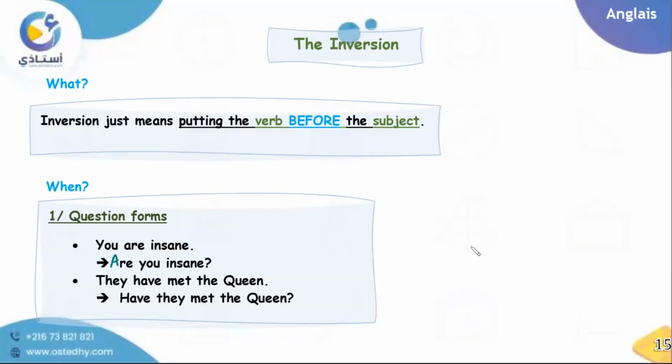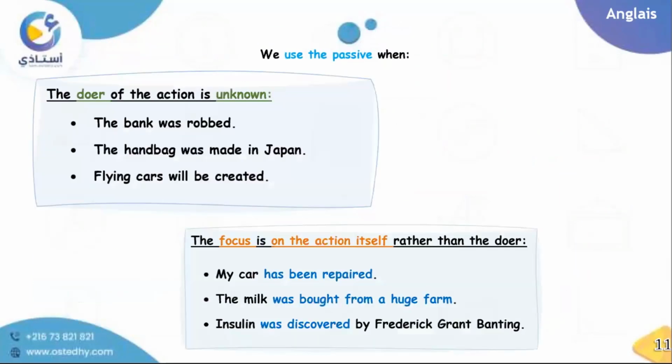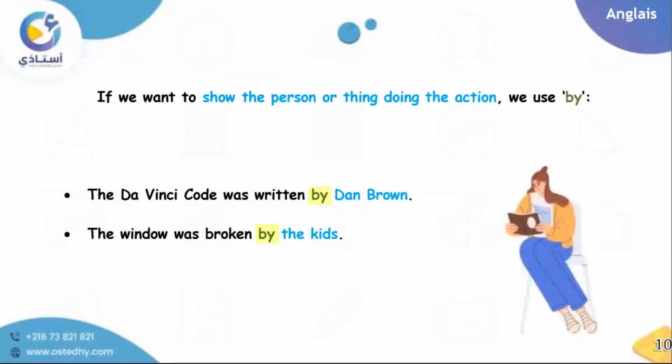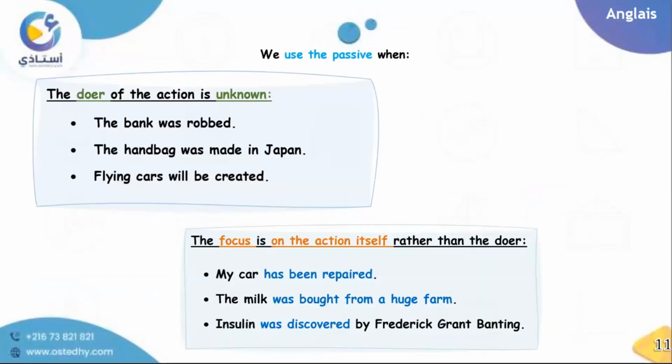Okay, let me just go back to it real quick because we already explained it. I'm just going to explain it real quick. But if you would like, you can go back to the session afterwards and watch it. Okay, we said that we use the passive voice when the doer of the action is unknown, we don't know who did the action.